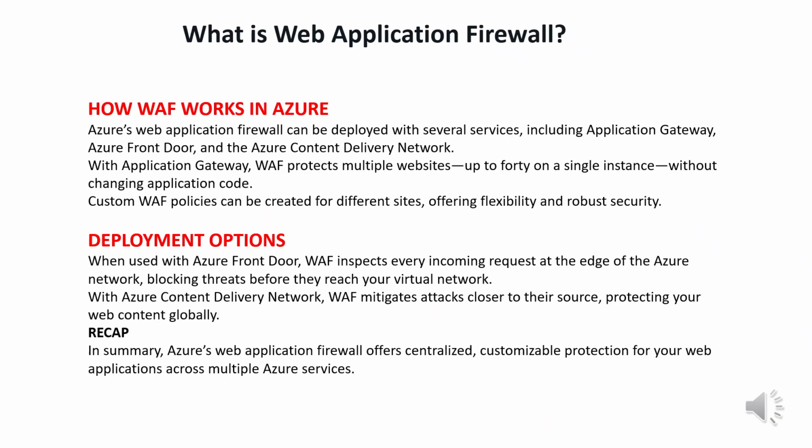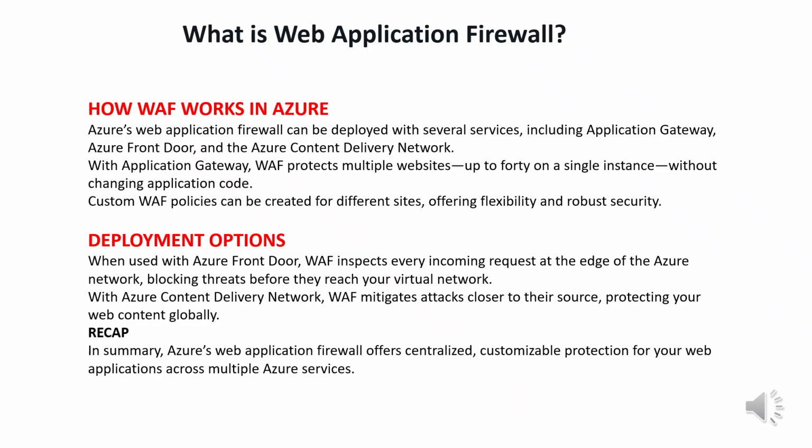Azure's Web Application Firewall can be deployed with several services, including Application Gateway, Azure Front Door, and the Azure Content Delivery Network. With Application Gateway, WAF protects multiple websites, up to 40 on a single instance, without changing application code. Custom WAF policies can be created for different sites, offering flexibility and robust security.